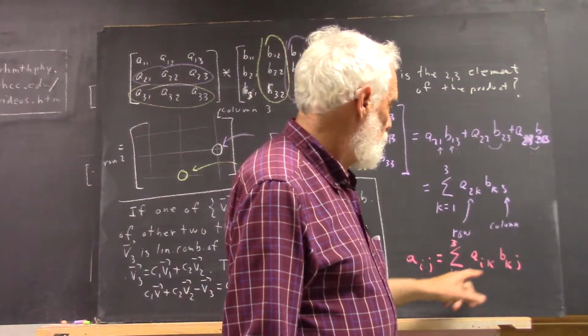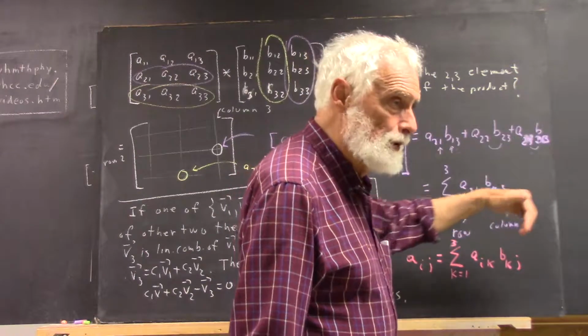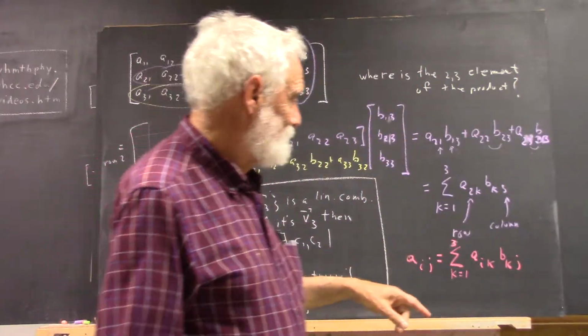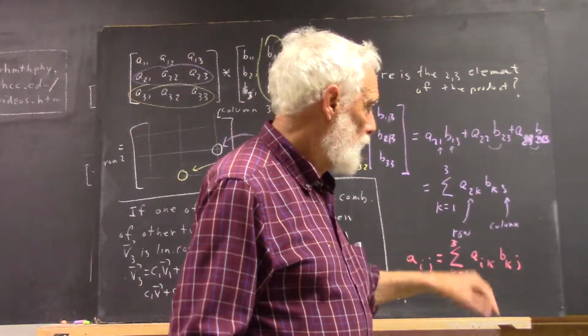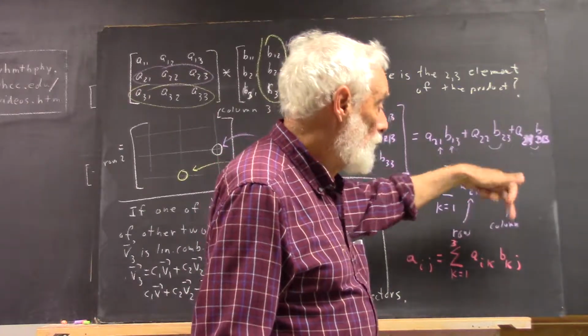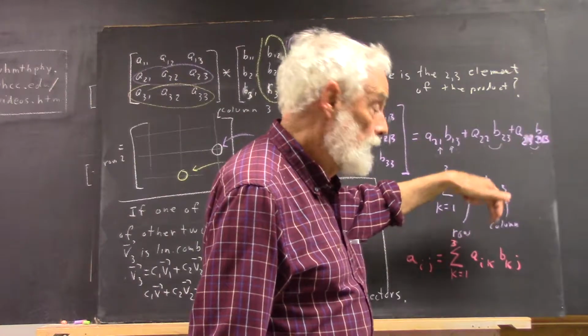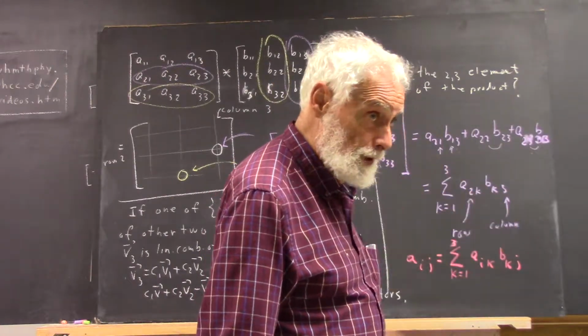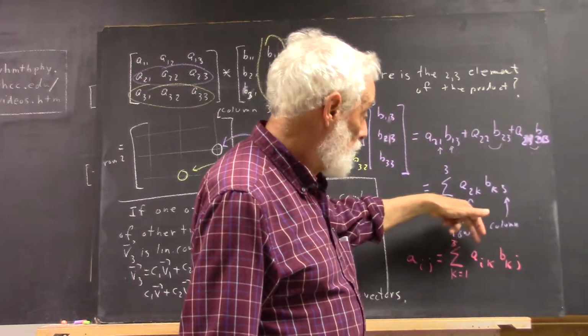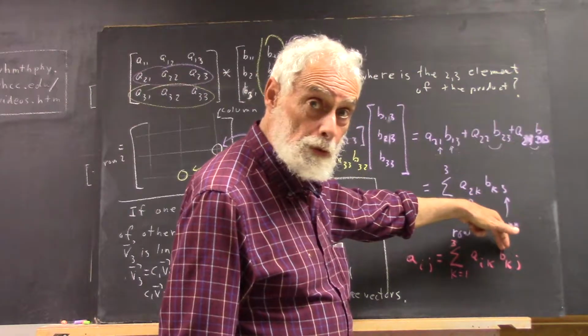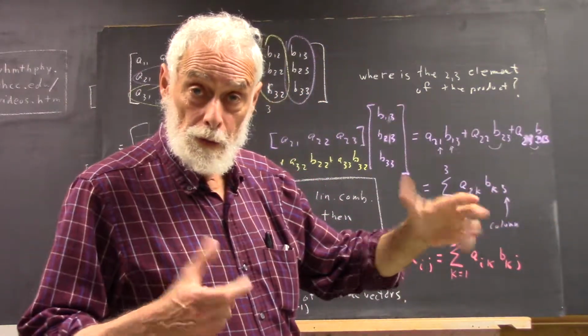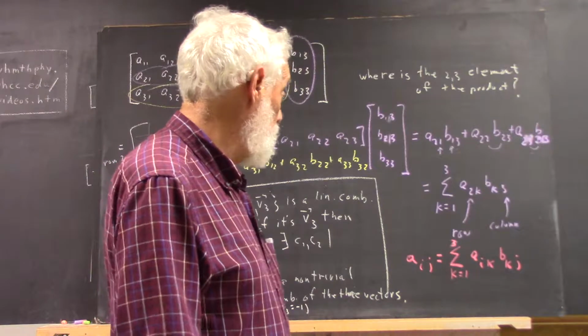And k is going to go from 1 to 3, so we get 3 terms to add. When k is 1, we're matching the first element of the row with the first element of the column. When k is 2, we're matching the second element in the row with the second element in the column. When k is 3, we're matching the third element in the row with the third element in the column. Just what we learned the first day about how to multiply a row by a column.